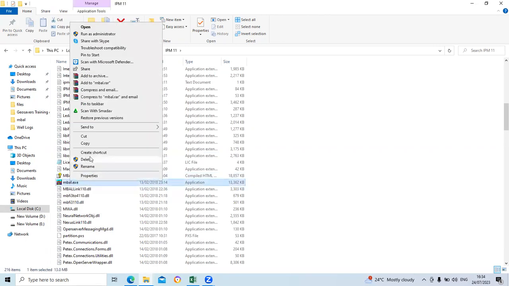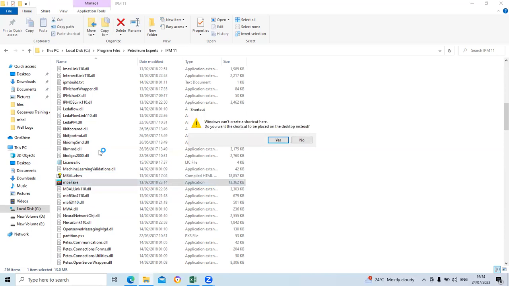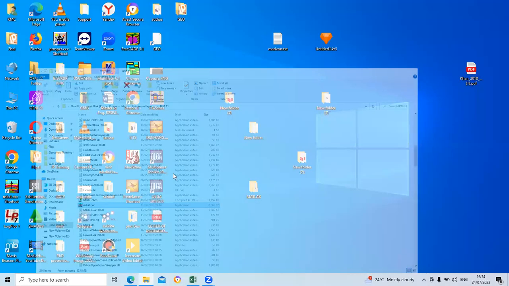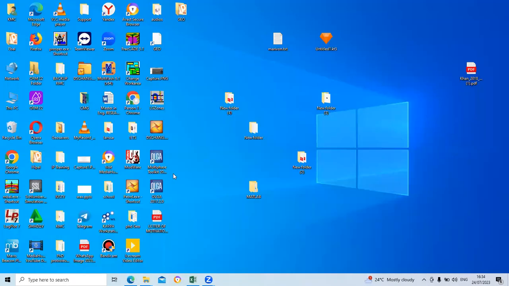We right click on it and we take create shortcut. And then we say yes. Then our MBAL is created on the desktop. Where is it? Am I getting blind?